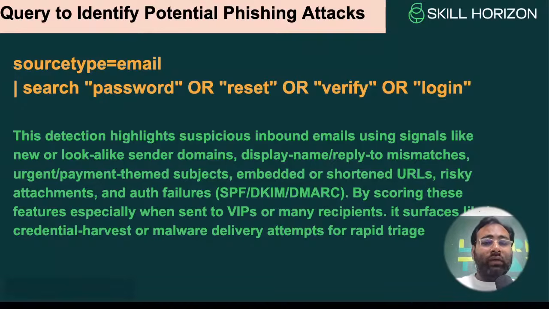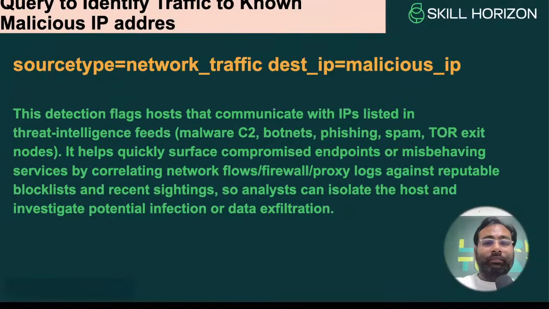The short URL, the risky or suspicious or malicious attachments, right? These all are the signs of phishing. So you can easily identify it with the help of this query in your logs.